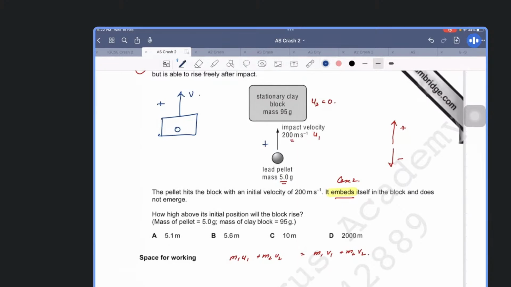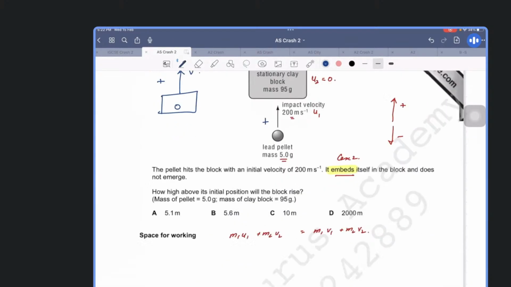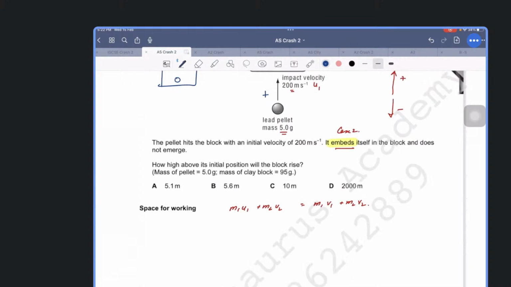So the mass is 0.005 because we divided by 1000, and then times 200, plus the mass of the block, 95, which makes it 0.095, times 0. And afterwards you have to add the masses and multiply them by the same velocity. Okay, so can you find v, please?